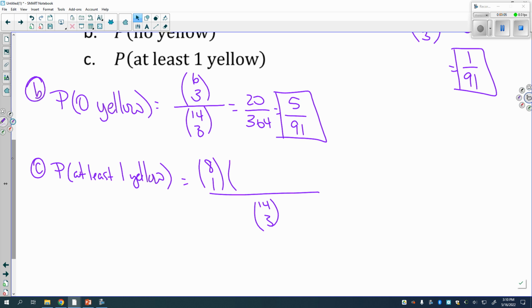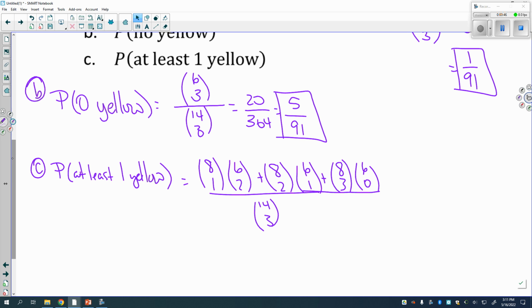I have to get all 3 that I pick here. So that means the other 2 have to come from the not yellow. So that's 1 from the yellow, 2 from the not yellow. Or I could have 2 from the yellow, so that's 8 choose 2, and then 1 from the not yellow, so plus 6 choose 1. Or, because this is at least 1, it could be 1 yellow, it could be 2 yellow, it could be 3 yellow, 8 choose 3, and none from the not yellow.